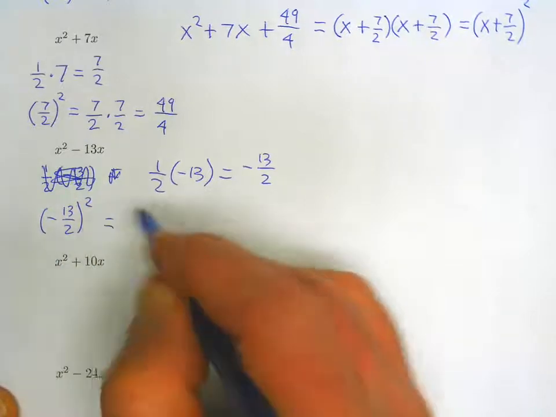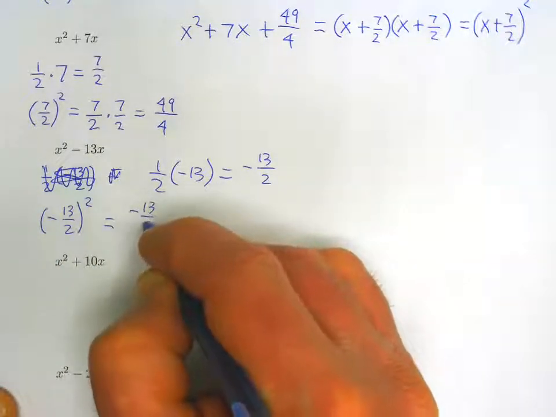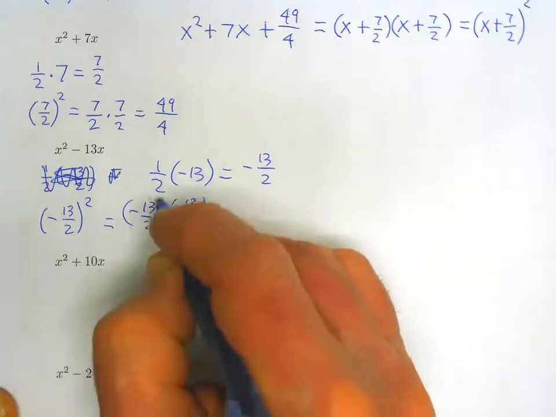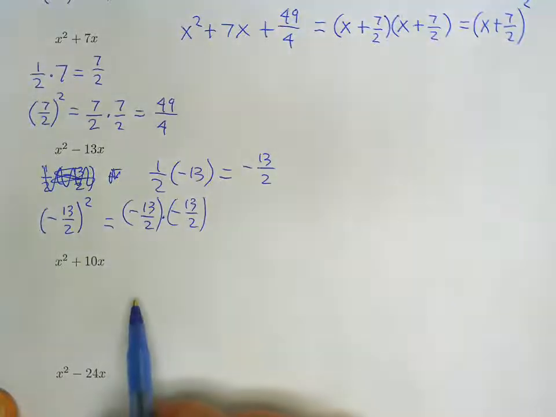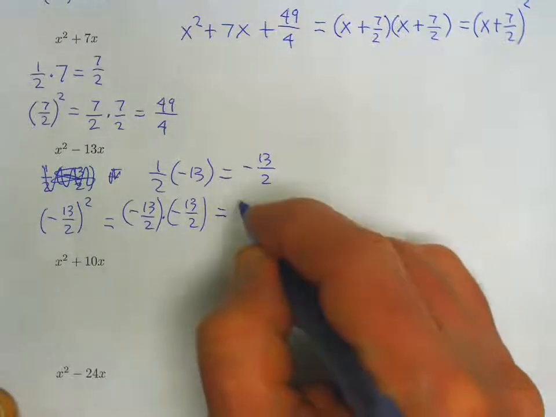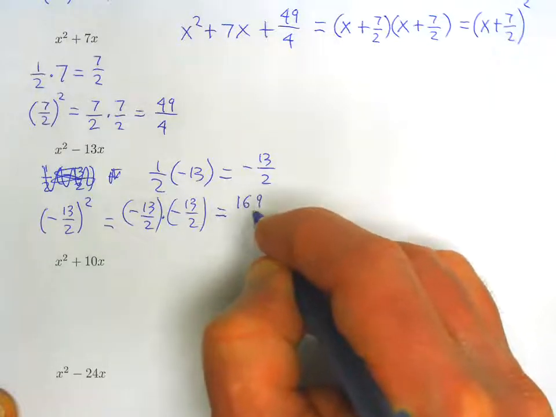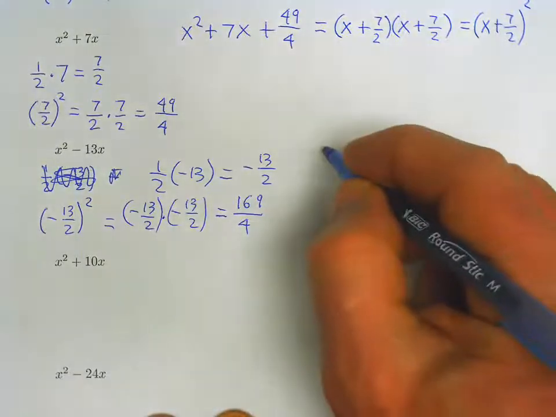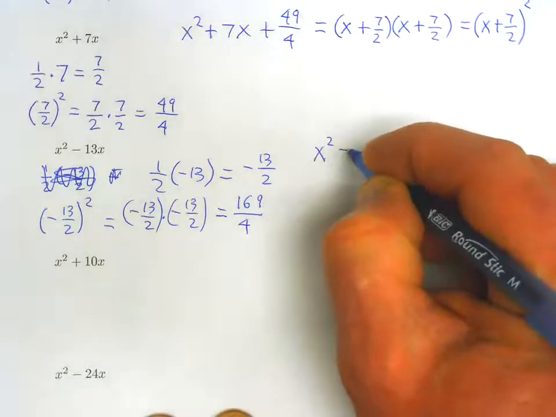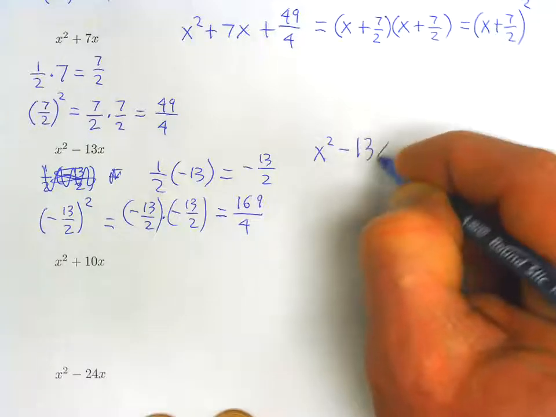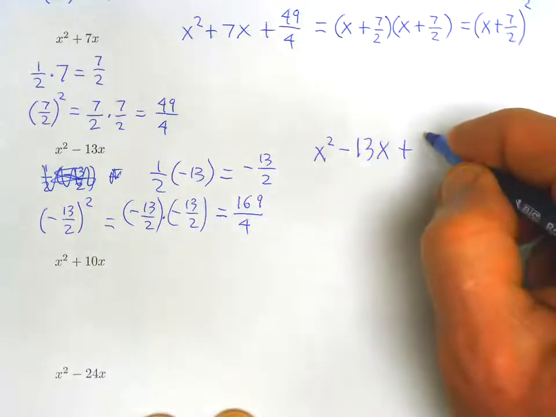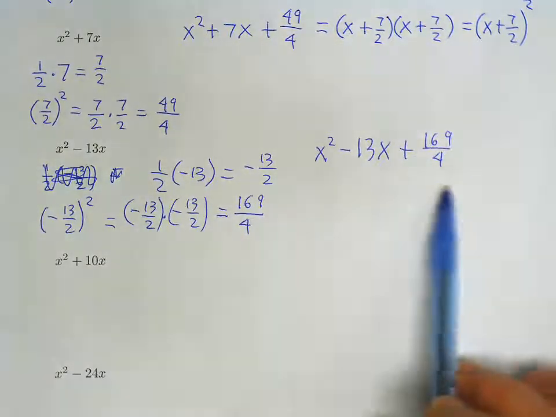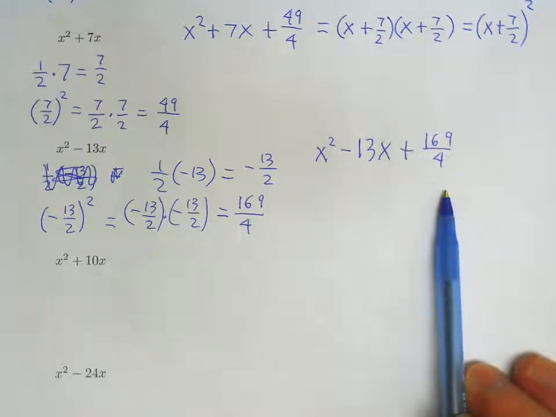And that just means negative 13/2 times negative 13/2. If you can read my writing. And negative 13/2 times negative 13/2 is positive 169/4. Okay, so we're going to add 169/4 to x squared minus 13x, and this is now a perfect square trinomial.